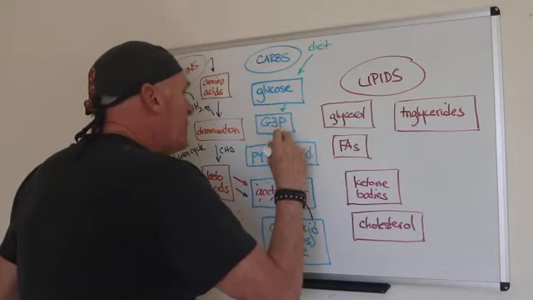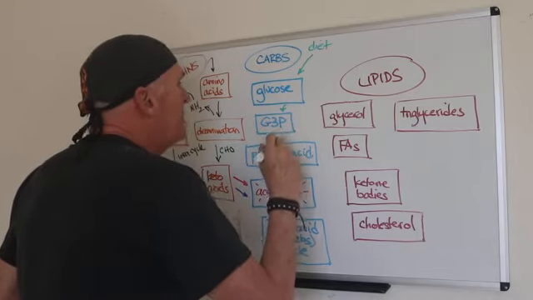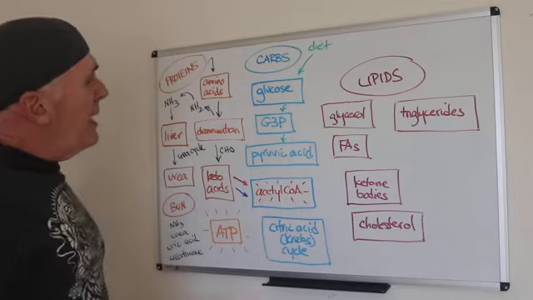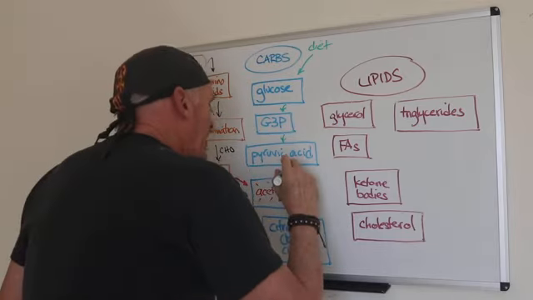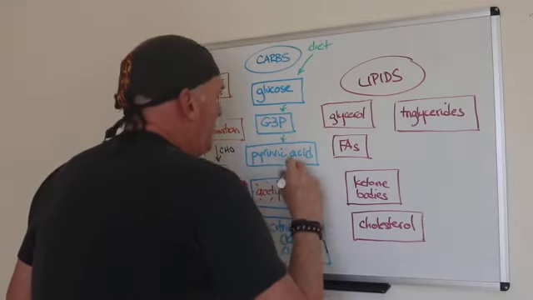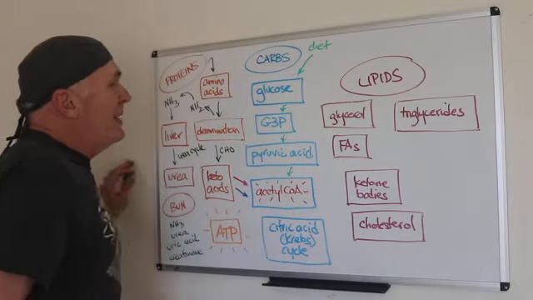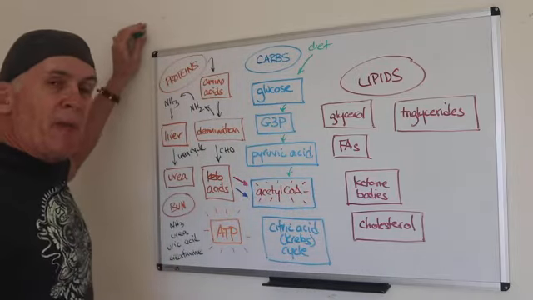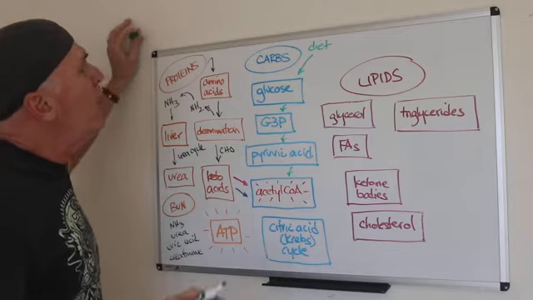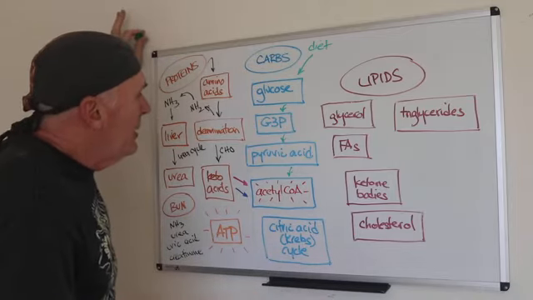Then G3P is converted into pyruvic acid, all right? And then pyruvic acid can be transformed into the magic molecule of metabolism, the M-cubed acetyl coenzyme A, which is just the most versatile, wonderful, amazing thing in the universe.